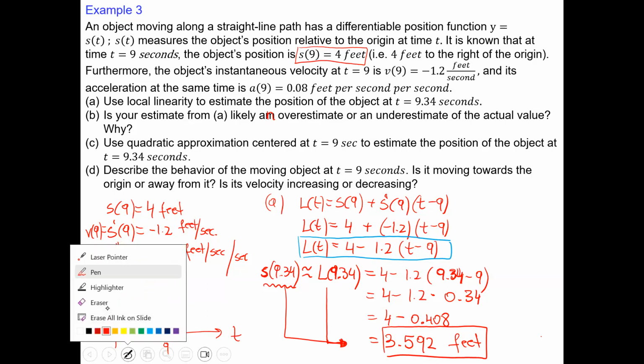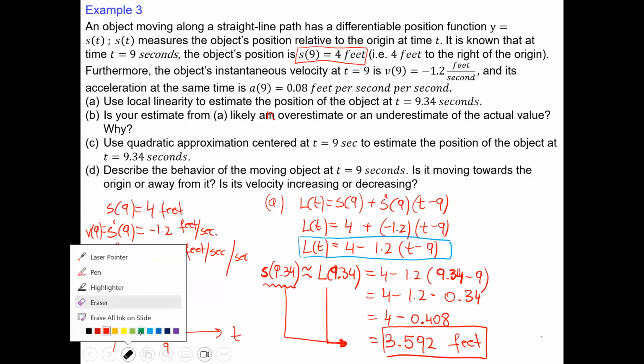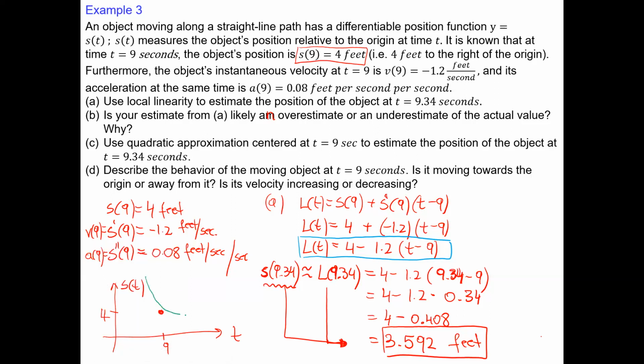That means the graph will be something like this. I don't know exactly, but it's decreasing, as we can see, and concave up. This is just a rough estimate of how the position function behaves. This is the function S of t.